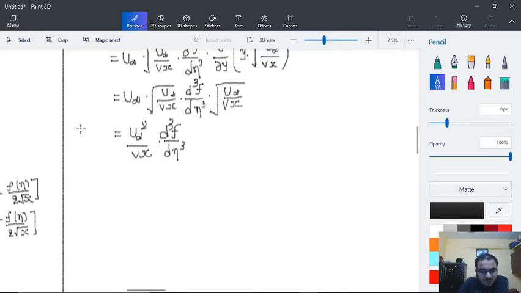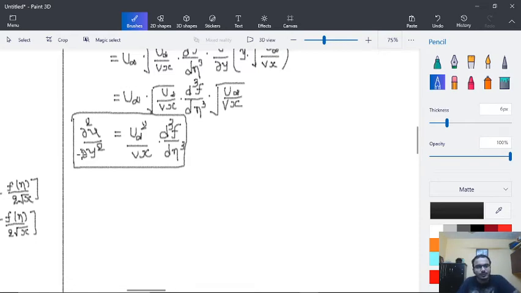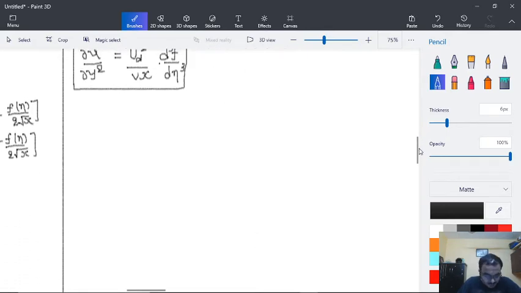So here we are getting this as del 2u over del y square, so this will be the value of del 2u over del y square. Now we are going to utilize all these values in our x momentum equation.